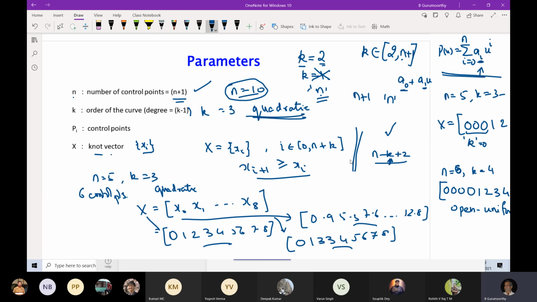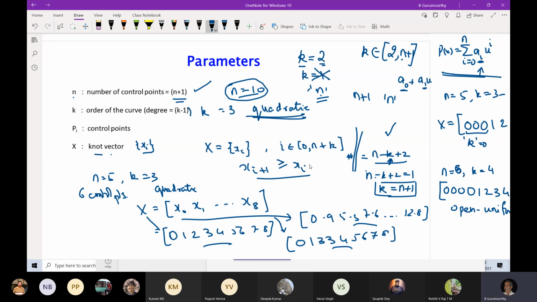Is it increasing or decreasing? Decreasing, exactly. And what is the smallest number of segments that you can have for your curve? 1. So you can solve for n minus k plus 2 equals 1, and therefore k equals n plus 1. That's the other way that you can arrive at this number.